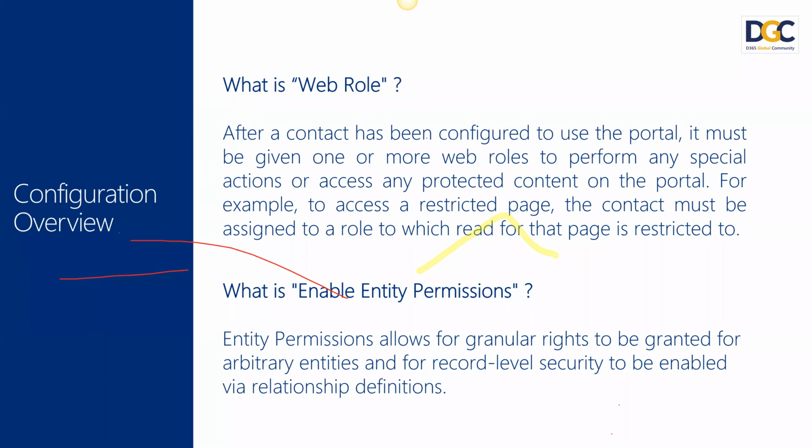So if the current user has a web role which contains the case entity permission, he will be able to access it, otherwise he would not. For example, if you have a web role which does not contain any entity permission for the case entity, and while creating the entity form, you have selected enable entity permission, then when the user tries to create a record from the portal for the case, he will get an error saying that you don't have the permission. So that is what enable entity permissions means.